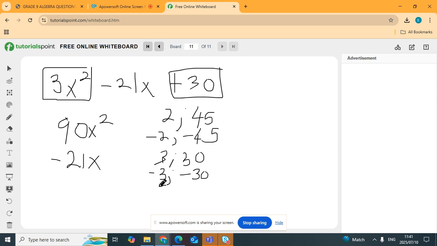You can also maybe choose 5 and 18, but when you add them, you don't get minus 21. You could also have 6 and 15. Well, with 6 and 15, when you multiply them, you get 90, but when you add them, you get 21. But definitely, if you say minus 6 and minus 15, you'll be able to satisfy the conditions needed. So you're going to use minus 6 and minus 15.